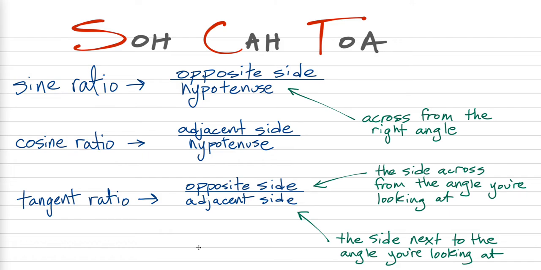All right. So the part that's really hard to remember is that sine, cosine, and tangent are just talking about how the sides compare to each other, their ratios. They just talk about how big one side is compared to the other.